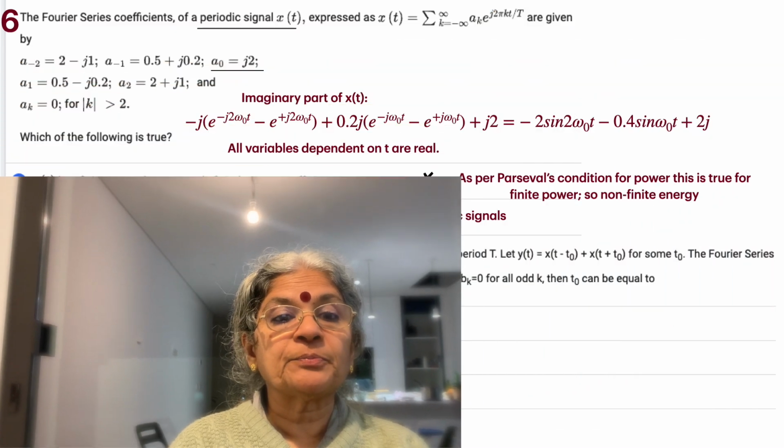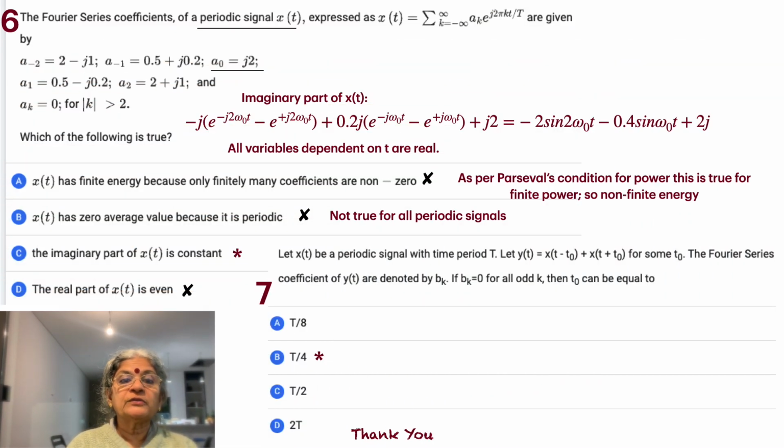In the last slide, the sixth problem: the Fourier series coefficients of a periodic signal x(t). When it's given as periodic, Fourier series coefficients are present. x(t) is expressed as an exponential Fourier series, where k goes from minus infinity to plus infinity, a_k e raised to j 2 pi k t by capital T, where T happens to be the period.